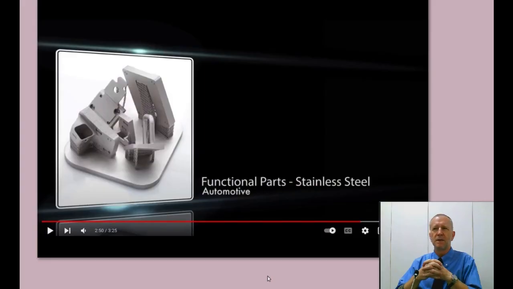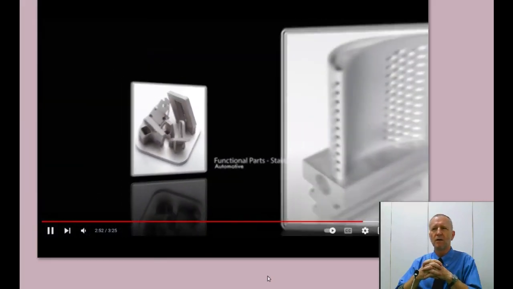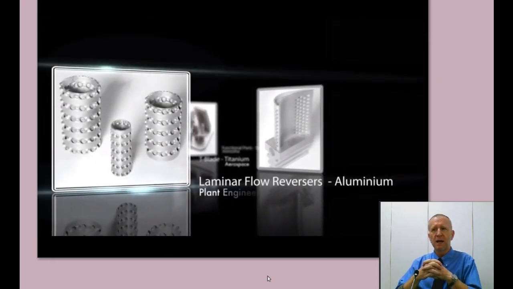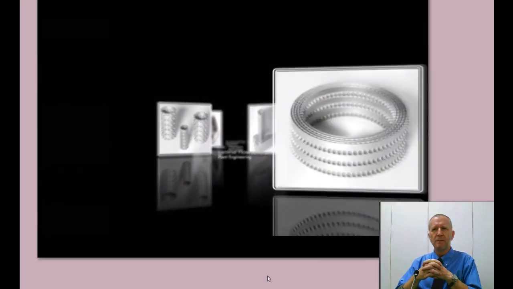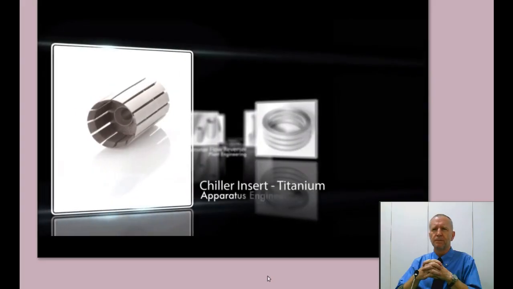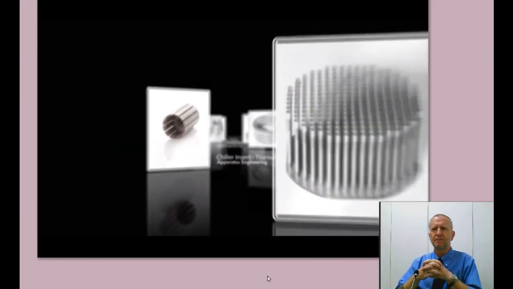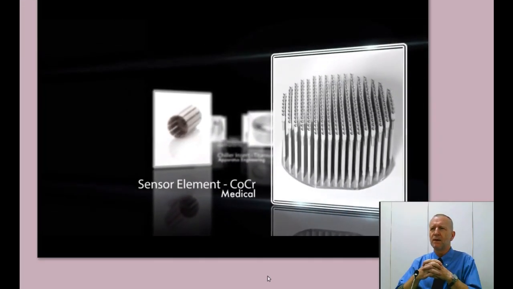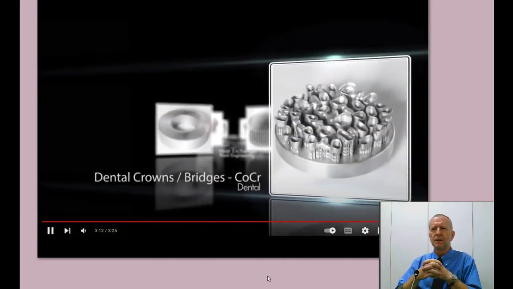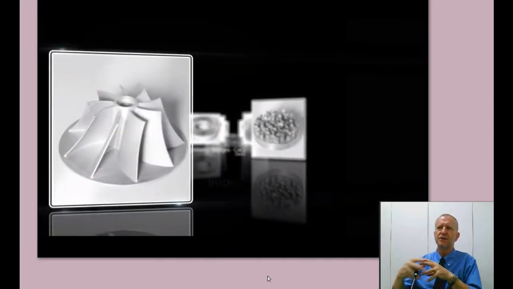And then a look at some of the other kinds of parts: automotive, titanium in the aerospace, that means planes, aluminum, titanium, medical, there's a medical device, a sensor, and dentistry.